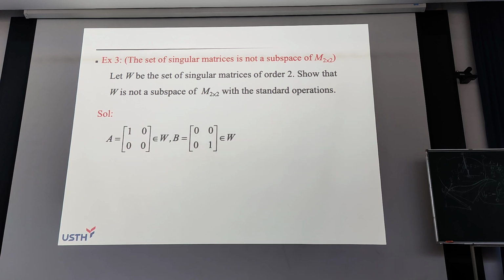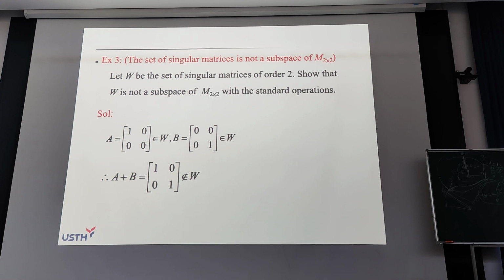We take A to be [[1,0],[0,0]], B to be [[0,0],[0,1]], and obviously both matrices have determinant 0. Determinant of A equals 0, determinant of B equals 0. It means that both A and B are non-invertible. But if we take A plus B, that equals an identity matrix.